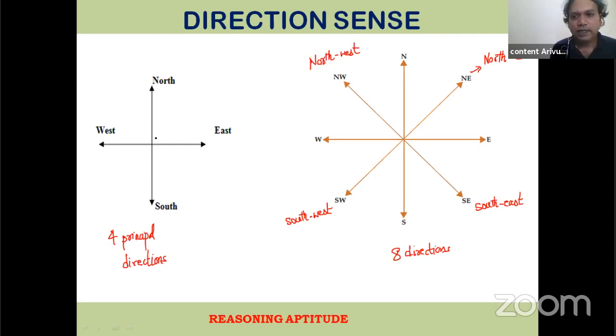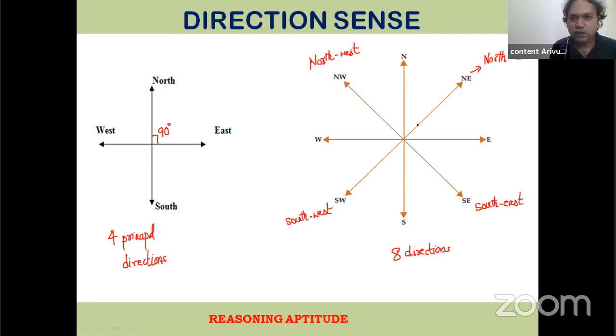Now, understand this additional point here, that between any two adjacent principal directions, the angle is 90 degrees. What is the angle? 90 degrees. So between north and east, the angle will be 90 degrees. Between south and east, 90 degrees. Between south and west, 90 degrees. And north and west also, the angle will be 90 degrees.